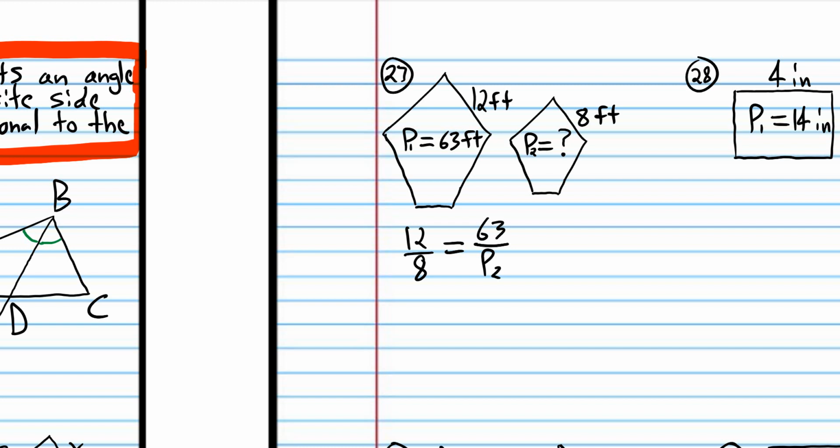But again, if you're using the side from the bigger polygon, you have to do the perimeter of the bigger polygon in the numerator also. If you switch those around, you're going to get the wrong answer. So we're going to reduce 12 over 8. 4 goes in 3 times and 2 times.